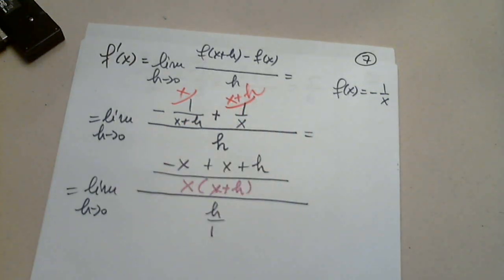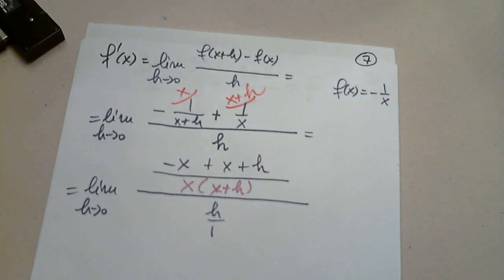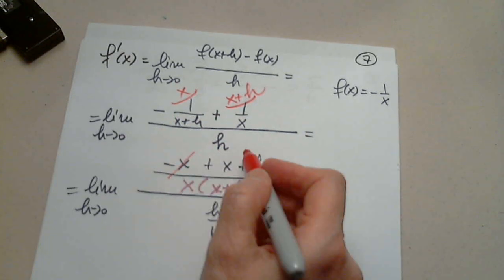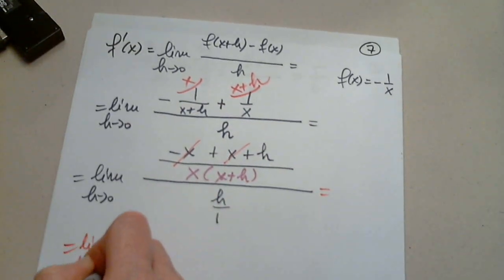So let's see. Do all terms without h simplify or cancel out? Yes, they do. So now I have the limit as h approaches 0.